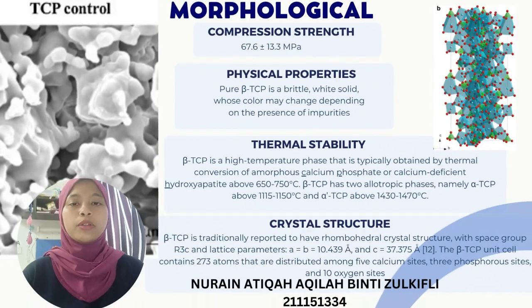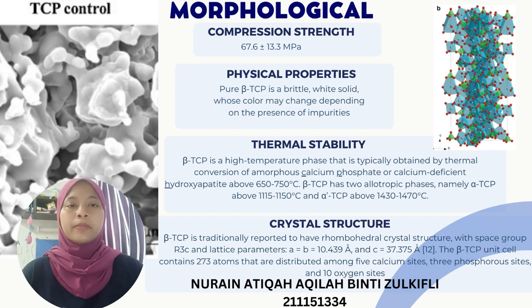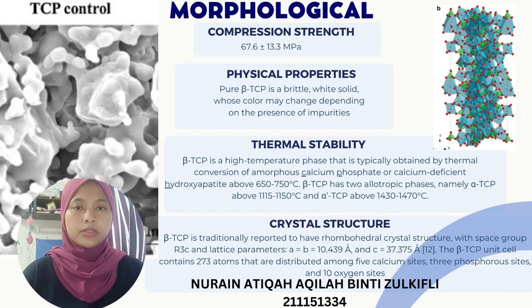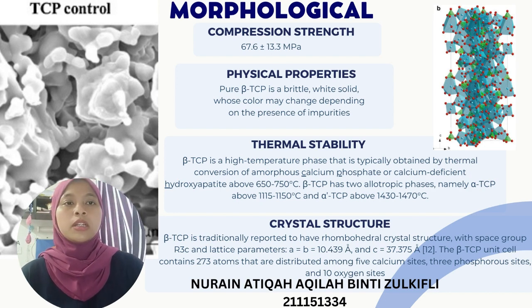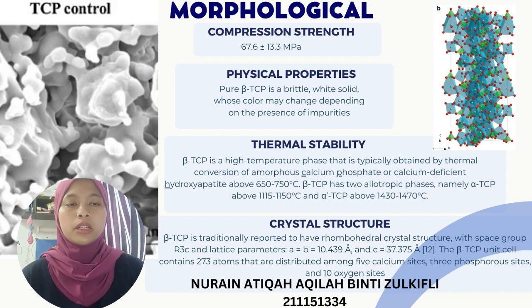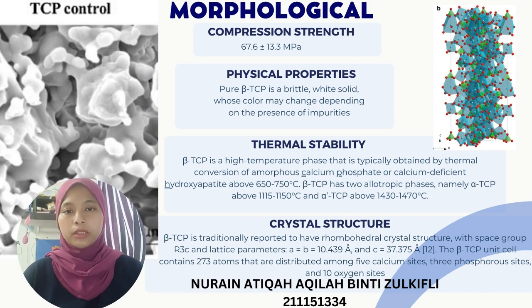So I am going to explain the morphological properties of beta-tricalcium phosphate, also known as beta-TCP or BTCP. The compression strength of beta-TCP is 6.76 to 13.3 megapascal. Physical properties: pure beta-TCP is a brittle white solid whose color may change depending on the presence of impurities.